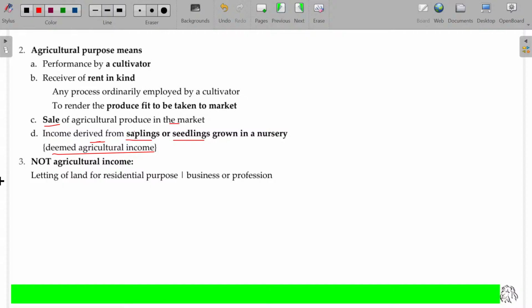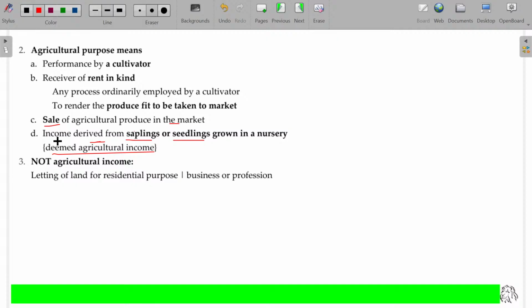Earlier we had confusion whether it's agri or non-agri. Around 4 or 5 years ago, I asked the students to consider this may be agri or non-agri. What happens to the taxable income if you consider this being agri, and if it is considered non-agri? So I asked the students to write both ways. Now it is clearly defined. Saplings and seedlings in a nursery will be considered as agri only. That's why it is called deemed agri.